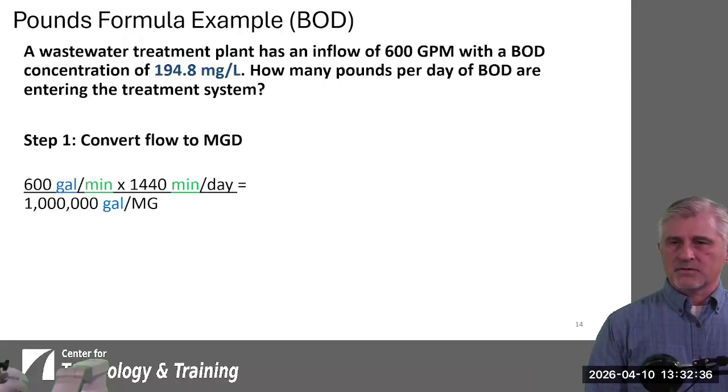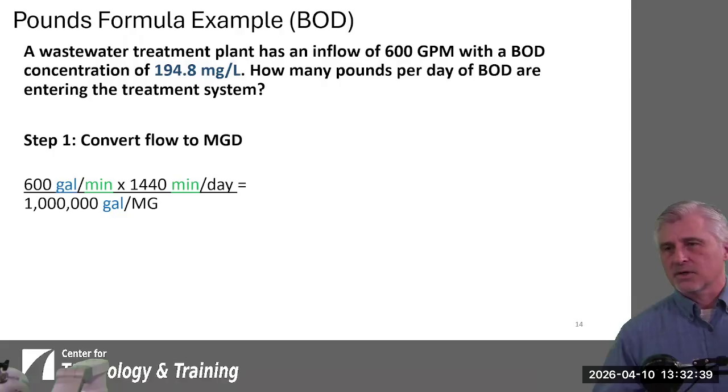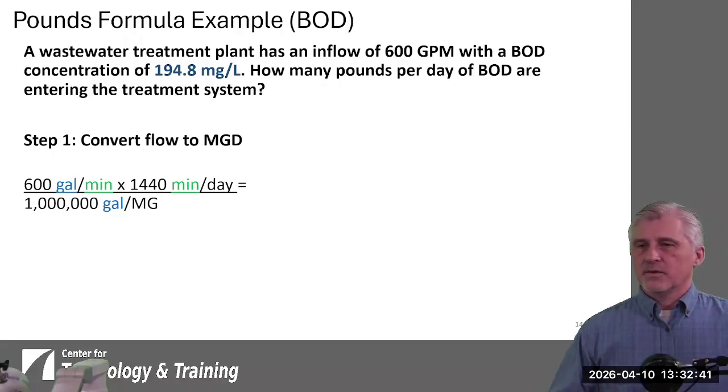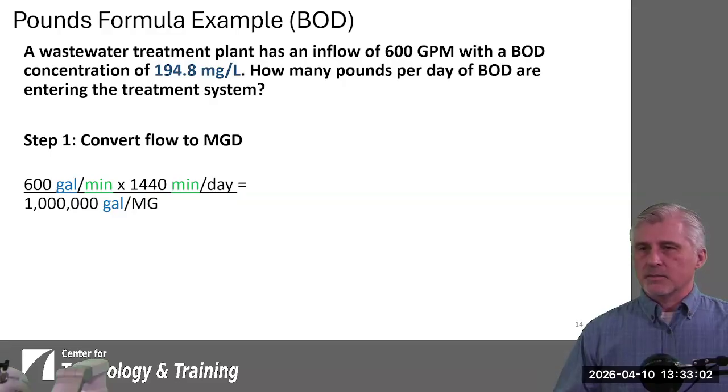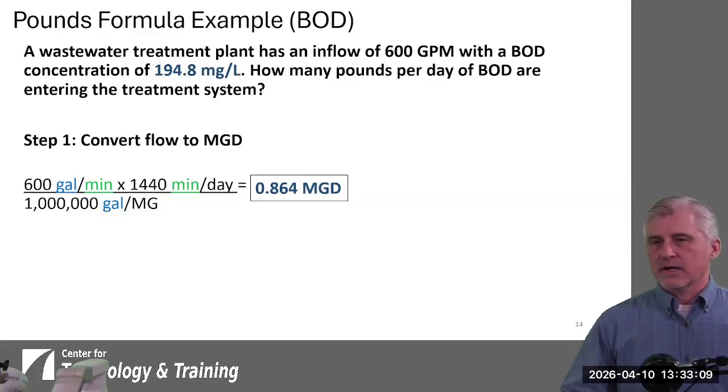So if we've got 600 gallons per minute, and we calculated yesterday that there's 1,440 minutes in a day, that converts it from gallons per minute to gallons per day. And then we divide by a million gallons per MG to get it into MGD. We do that calculation and we get 0.864 MGD.